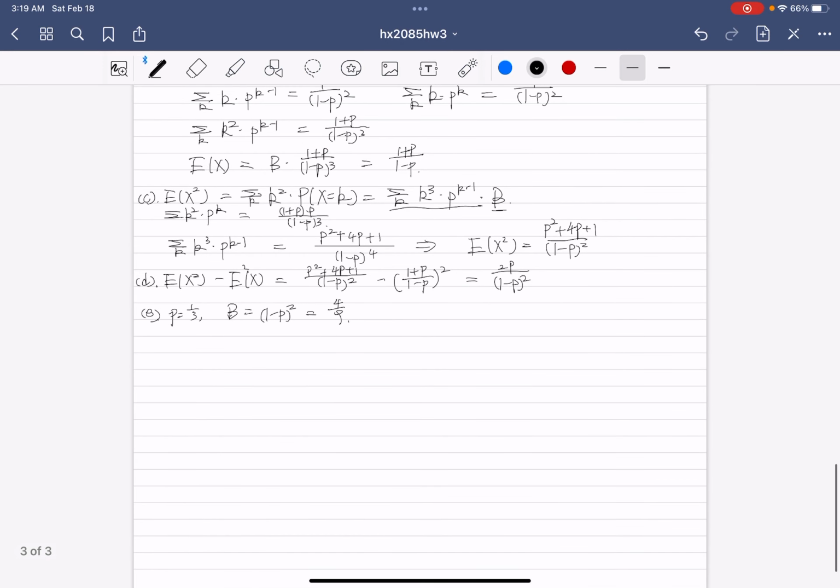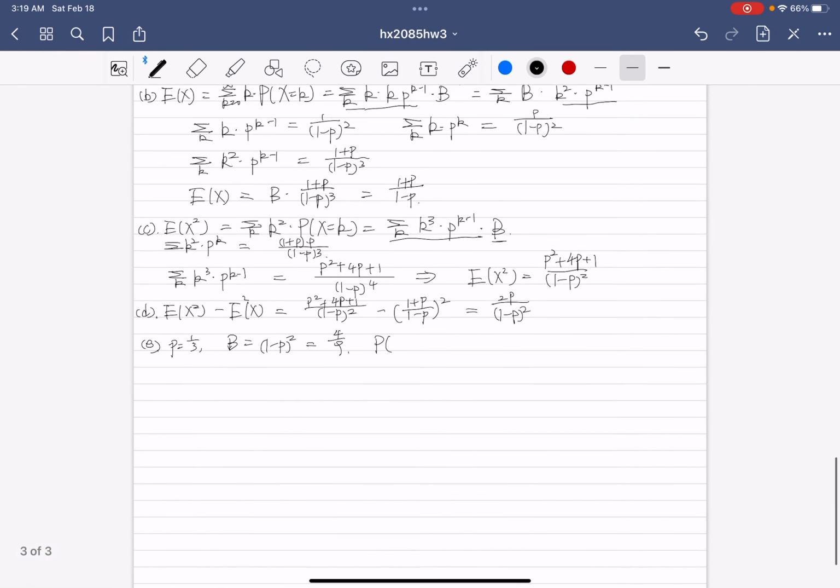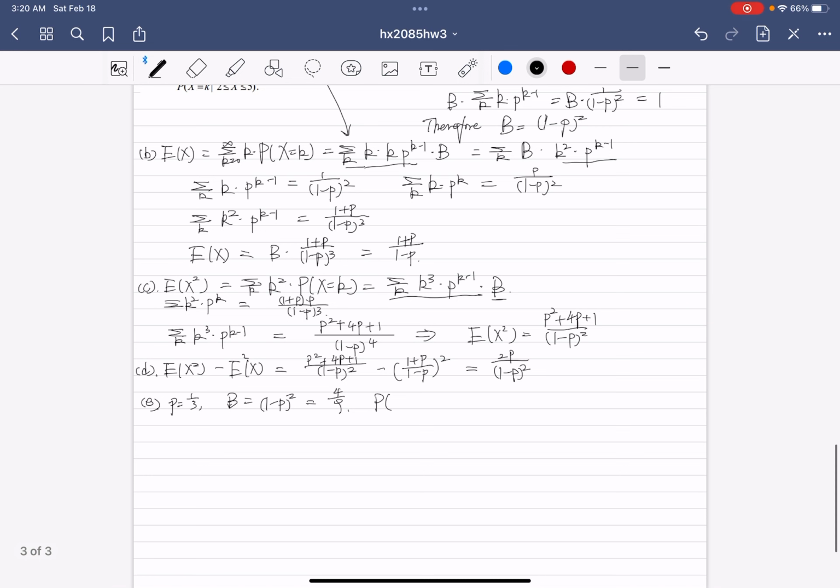Then we need to find the conditional probability mass function, probability of x equals k, given that x is greater than or equal to 2 and less than or equal to 5.